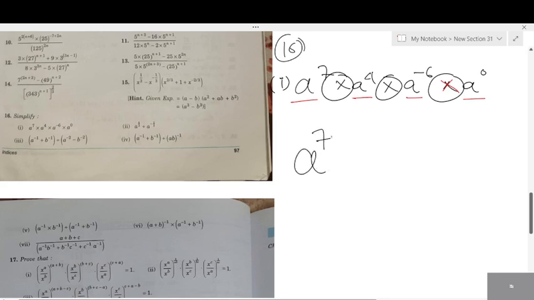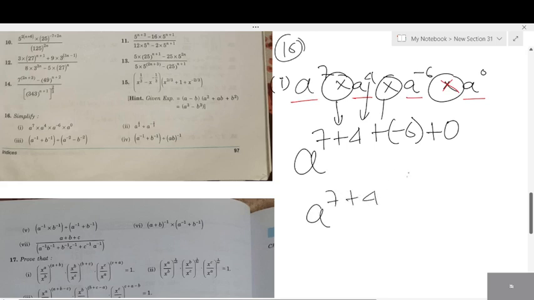For multiplication, what should I write, plus or minus? Plus 4. Then again plus in bracket minus 6. Then again plus 0. 7 plus 4 plus into minus is minus 6 plus 0, just ignore. 7 plus 4 is 11. 11 minus 6. A to the power of 5 is the answer.